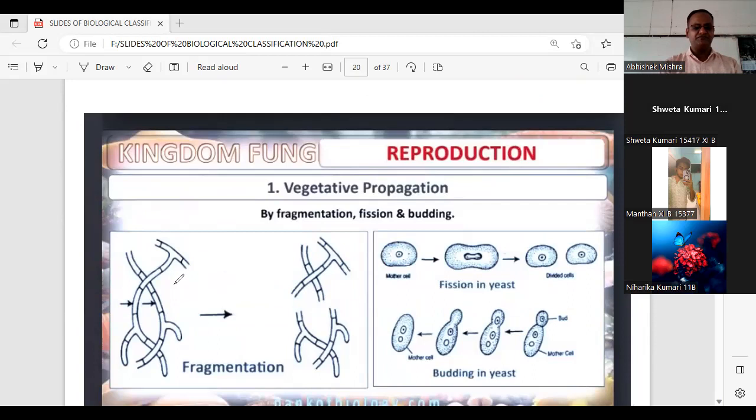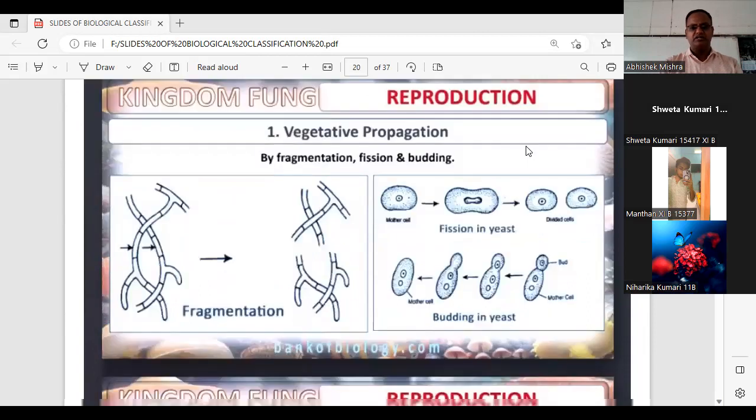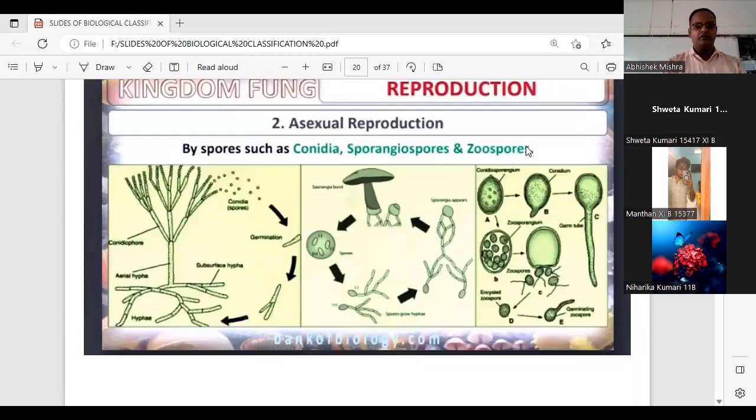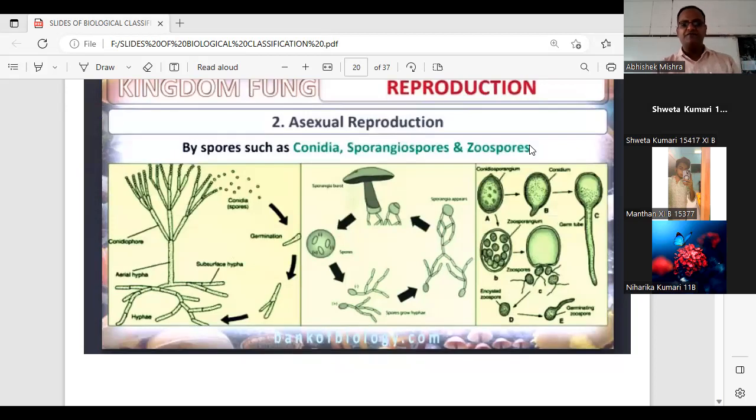This is fragmentation. Filaments are breaking. Fission in yeast, breaking into two. Budding in yeast. In class 10 also you have seen this image or the diagrams. Now, see student, the spores are very, very important. Spores are the asexual reproductive unit.